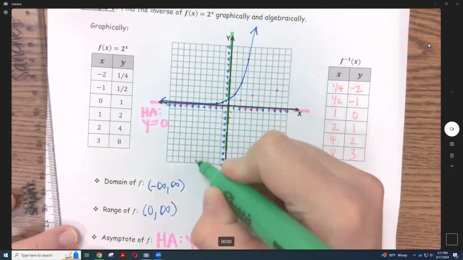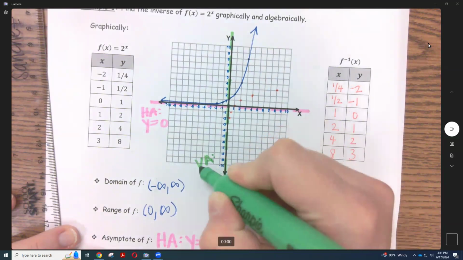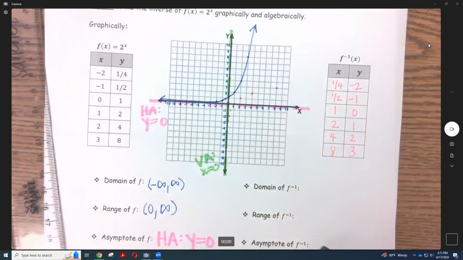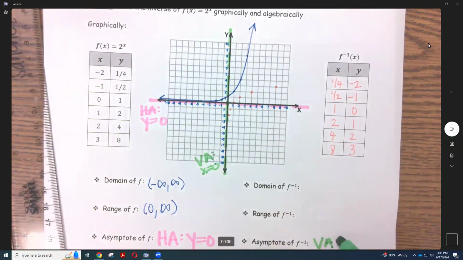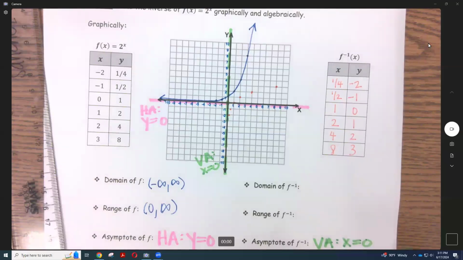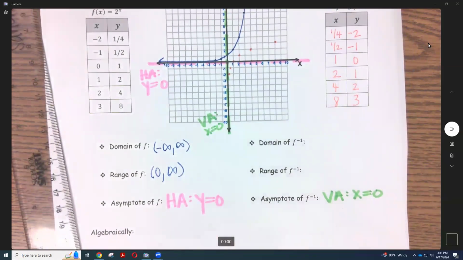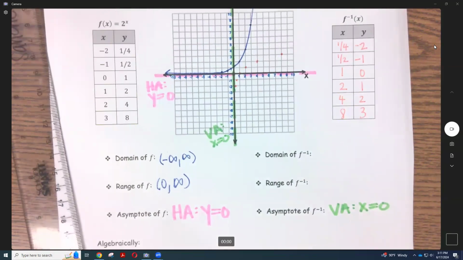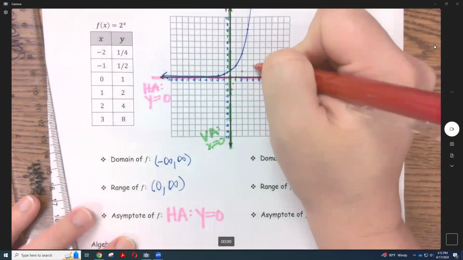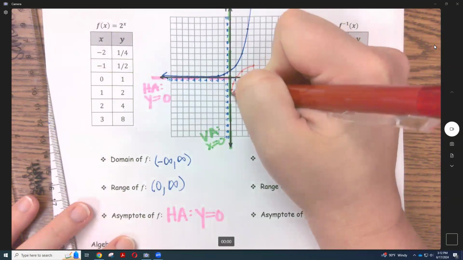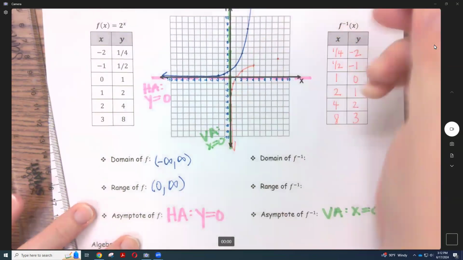We have a vertical asymptote at x equals 0. So when we connect our red lines, we are not going to cross that axis.